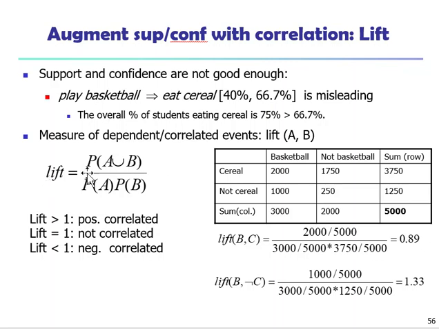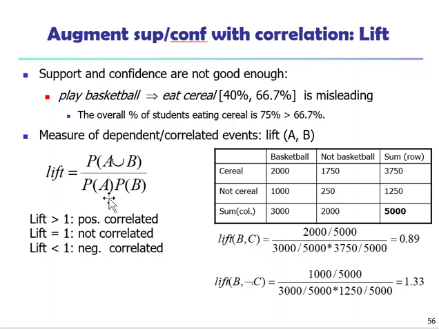So lift uses the joint probability and marginal probability to compute whether those two events, A and B, co-occur, whether they are correlated.